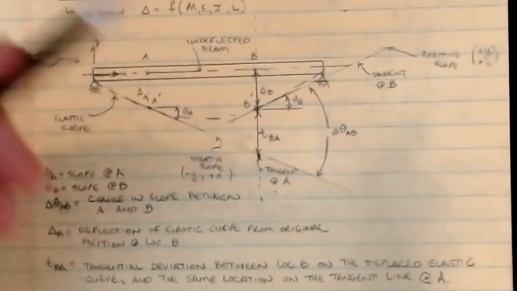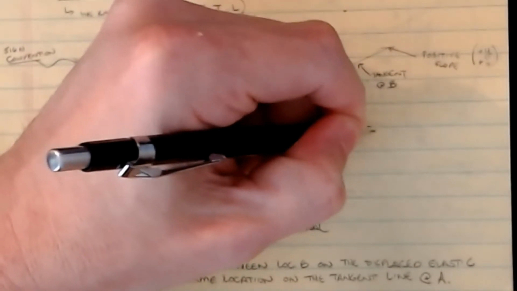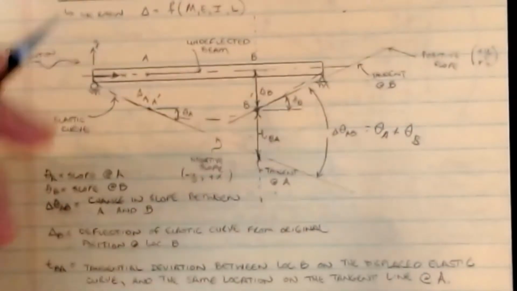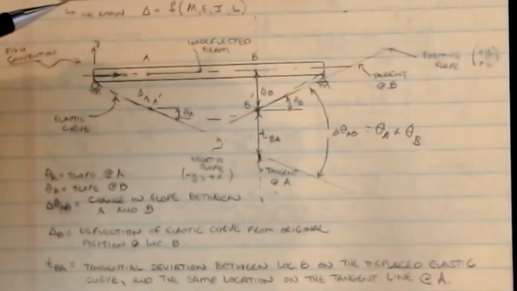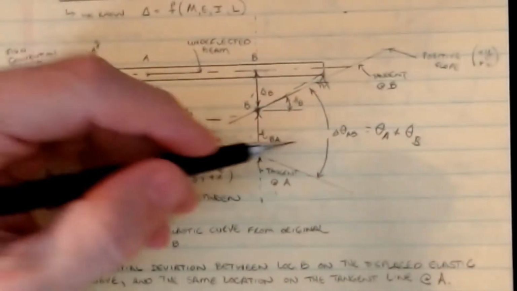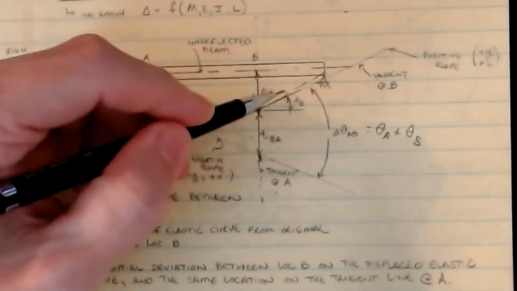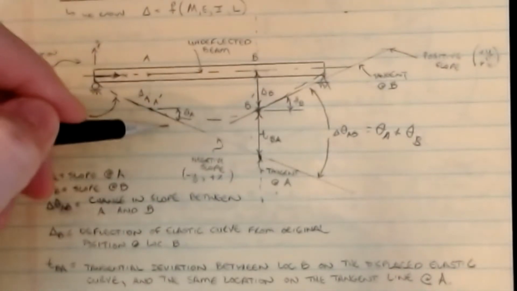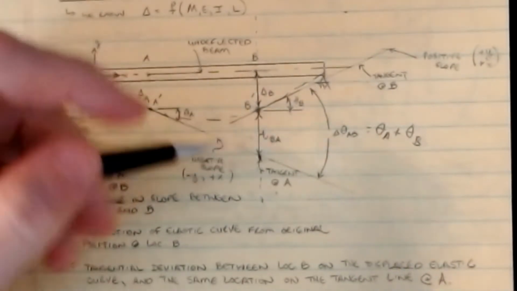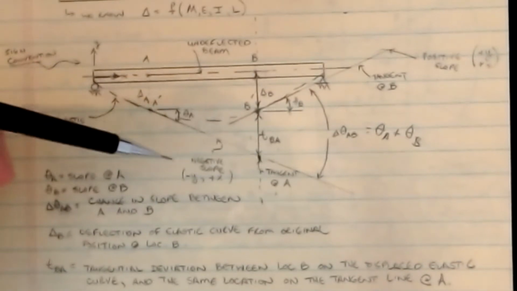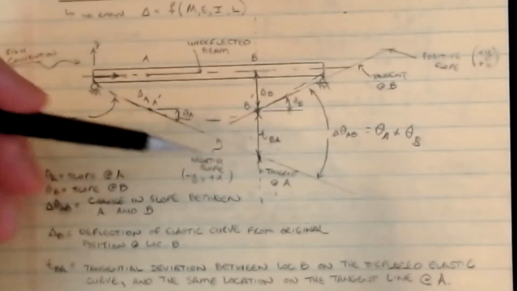The thing that's interesting about this is that it is simply going to be theta A plus theta B for that angle, because if everything's measured from horizontal, it's theta B up, and then from horizontal down is theta A. Now, one word of warning: we've got to be careful of the signs of things.